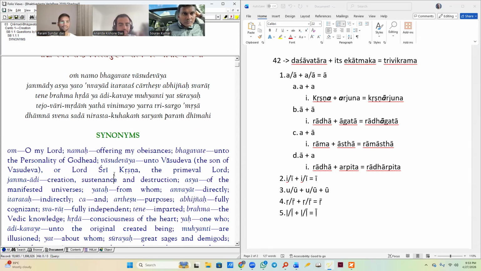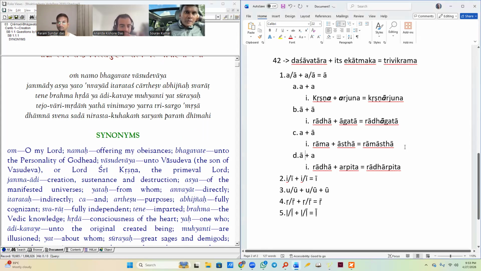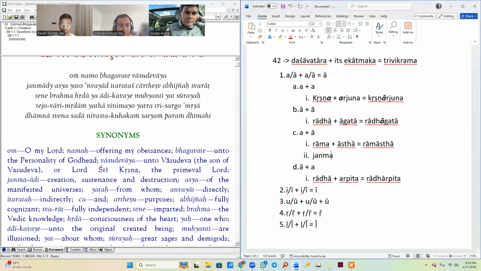If you see the synonyms, we get Janma and Adi, right? So which category is that? It's the third one. Then Chartheshu is another example, Cha and Artheshu.